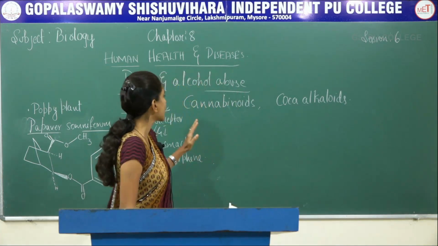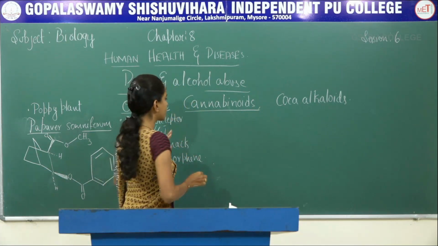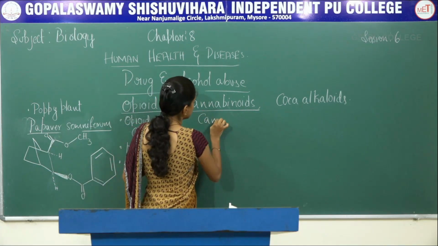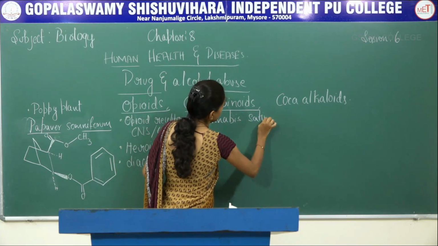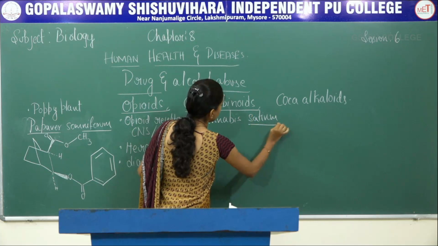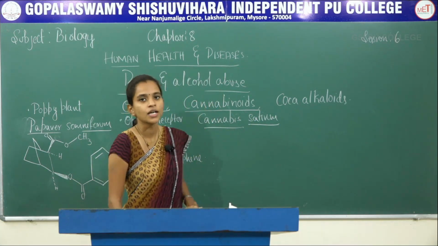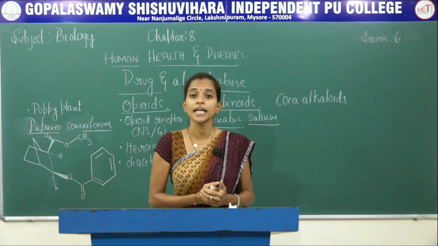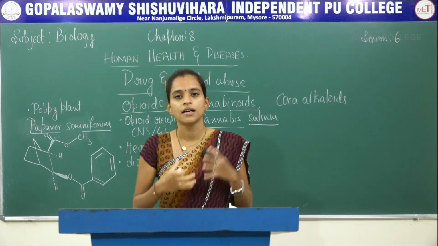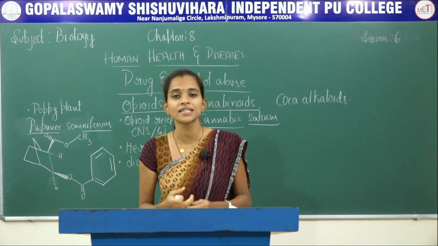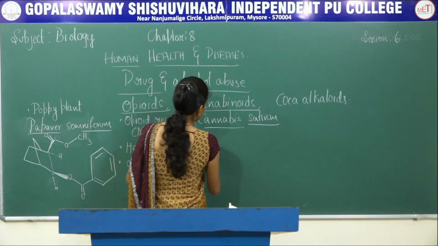Next one is cannabinoids. Cannabinoids are extracted from Cannabis sativa, the name of the plant from which it is extracted. Normally it is extracted from the inflorescence, but the leaves and resins of Cannabis sativa mix together to produce various combinations.